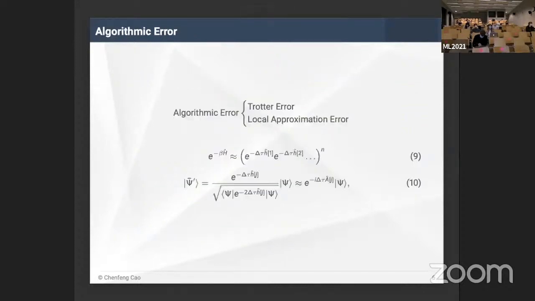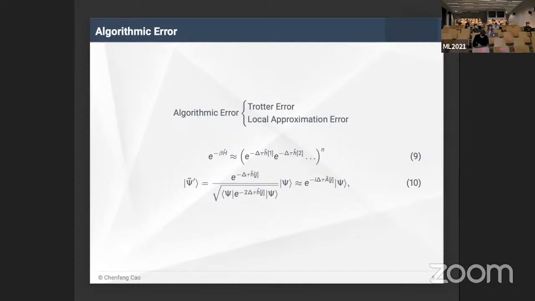Okay, we know the general process of QITE. This algorithm is gorgeous, but it has two big challenges we just mentioned. There exists Trotter error induced by Trotterization, and there exists local approximation error when we use a unitary evolution step to approximate some non-unitary evolution step. We collectively refer to them as algorithmic error.